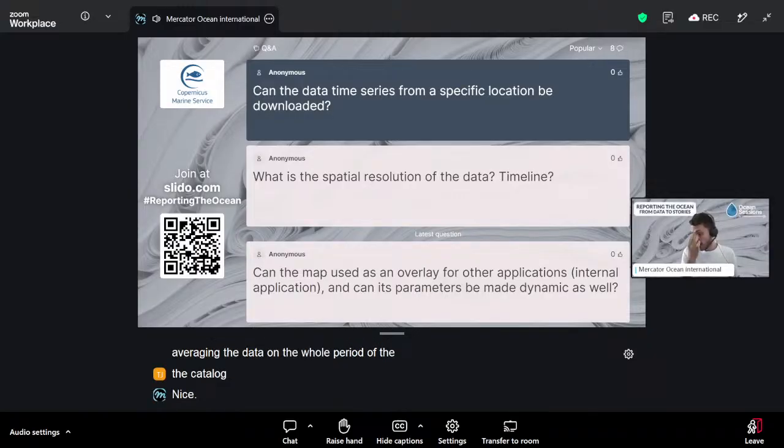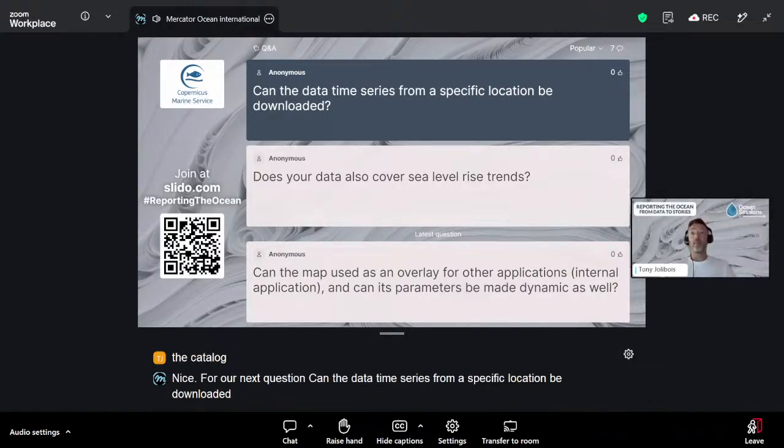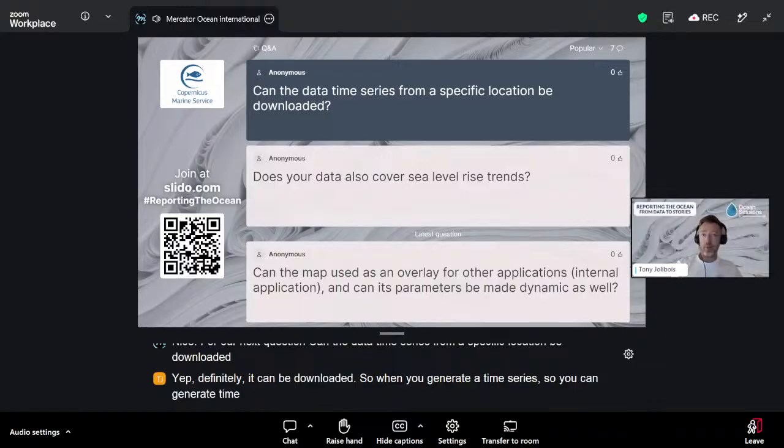For our next question, can the data time series from a specific location be downloaded? Yeah, definitely it can be downloaded. You can generate time series on a point, on a line, on an area. I could not address all these features during the demo.